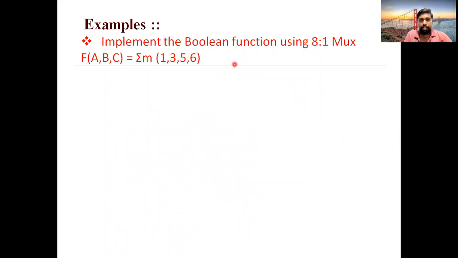Carefully observe. Here the number of selector inputs n is equal to 3. Substitute n equal to 3 in the representation of multiplexer, 2 power n into 1. Then what do you get? 8 into 1.